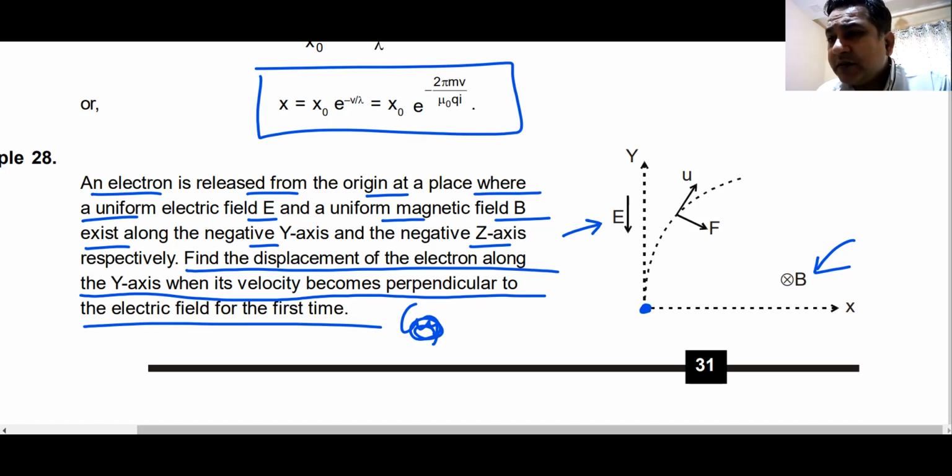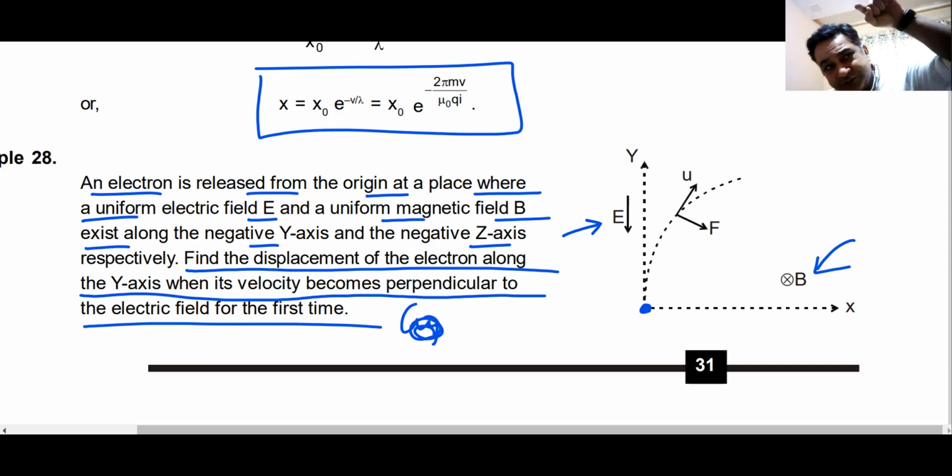Okay, can you tell me one thing? In which plane will the particle move? Anyone?